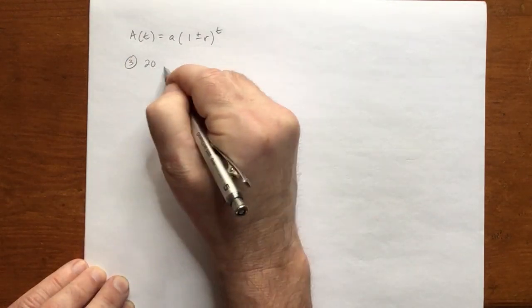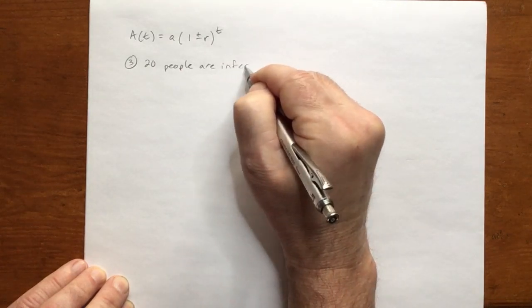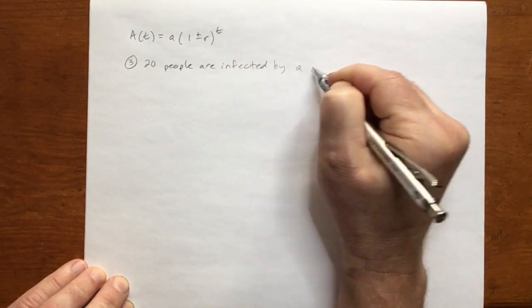Let's say we have 20 people infected by a virus.